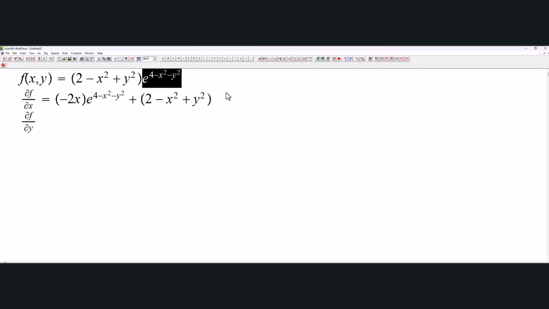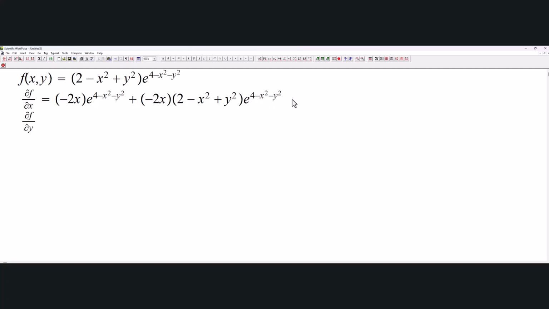So by the chain rule, what will happen? The derivative of the exponential is the exponential itself, and then times the derivative of this power, which is going to become negative 2x. Or we can just bring this negative 2x here if we want.